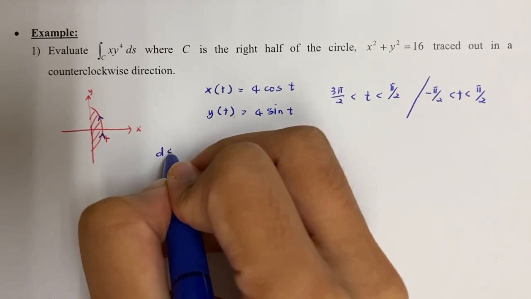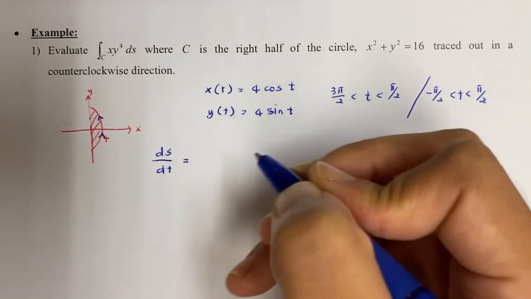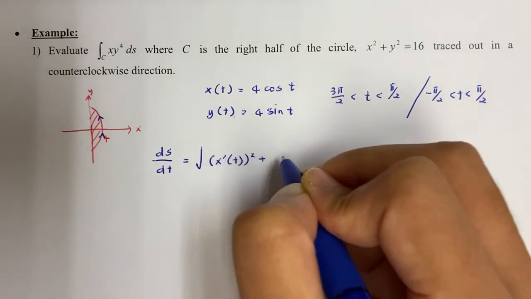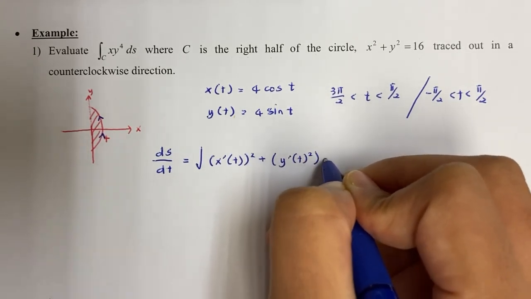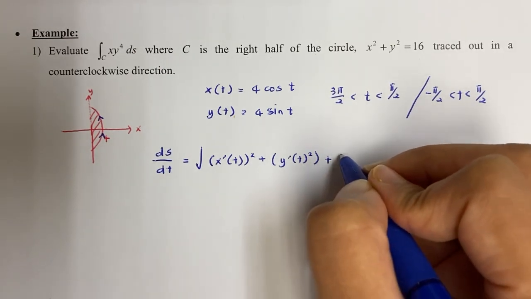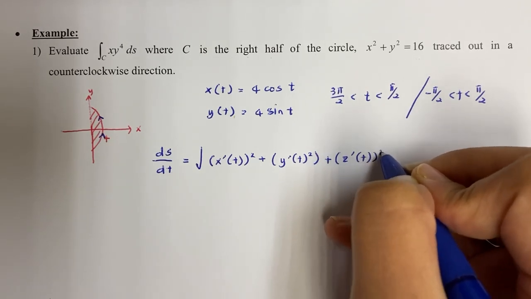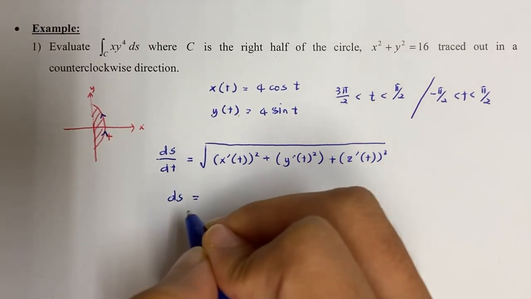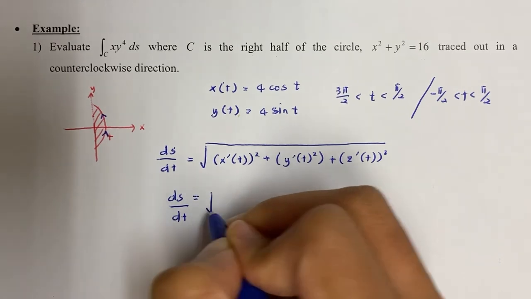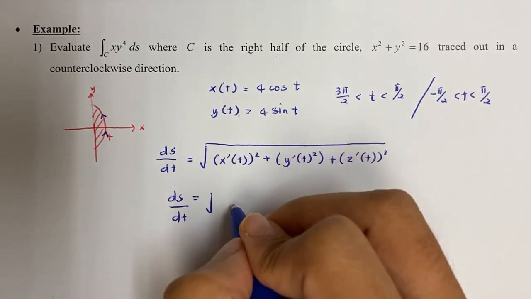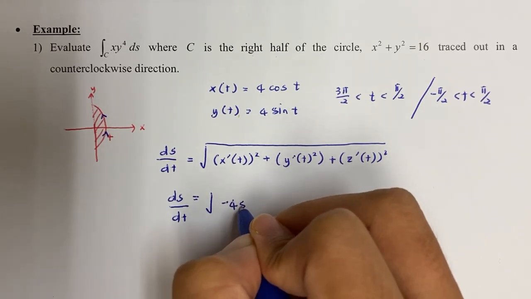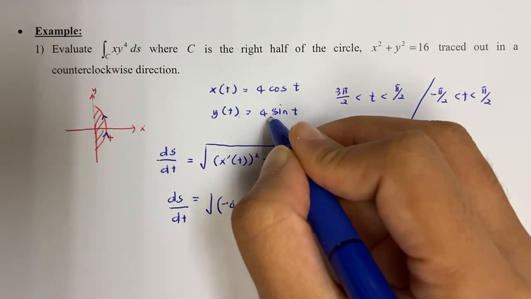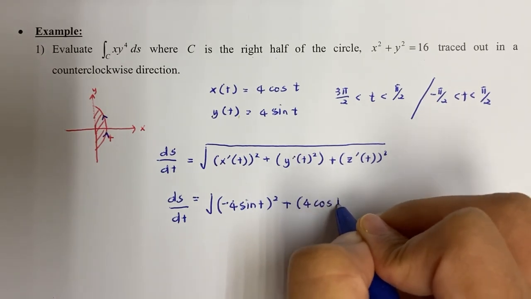So first things first, you need to know what ds over dt is. ds over dt is the square root of x prime(t) square plus y prime(t) square plus z prime(t) square. So ds over dt is equal to the square root of, our x prime(t) is negative 4 sin t, differentiating your x, plus differentiating your y, you have 4 cos t, square.